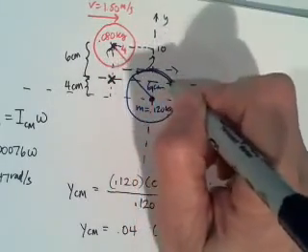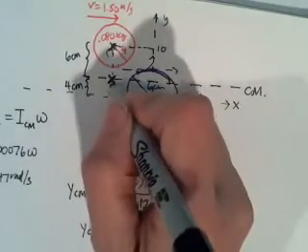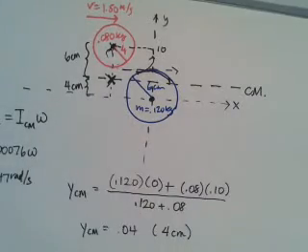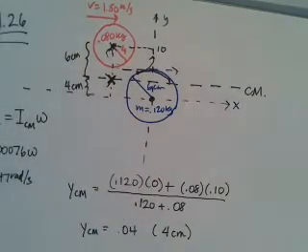So this blue guy is going to get pushed and start spinning clockwise. And the center of rotation, or the center of spin, will be at that 4 centimeter mark. So again, that was problem 11.26. It was on your board problem sheet for chapter 11 problems.